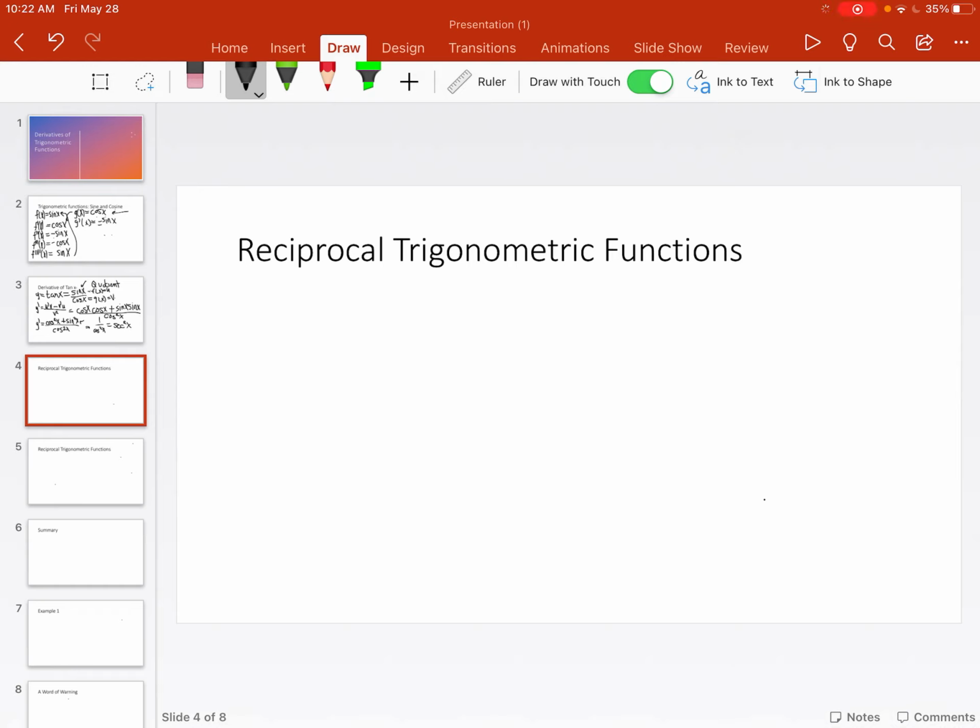What about their derivatives? Now, what are the reciprocal trig functions? Well, we just saw one, secant x. There's cosecant x, and there's cotangent x. Those are our reciprocal trig functions. And, well, how do we take their derivatives?